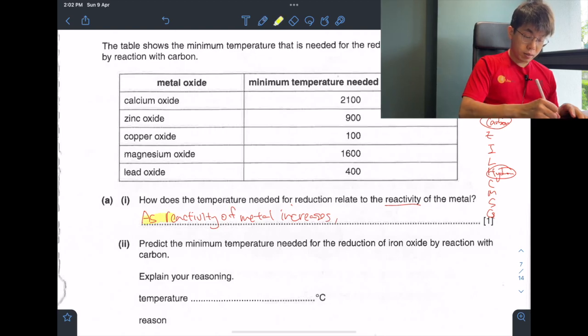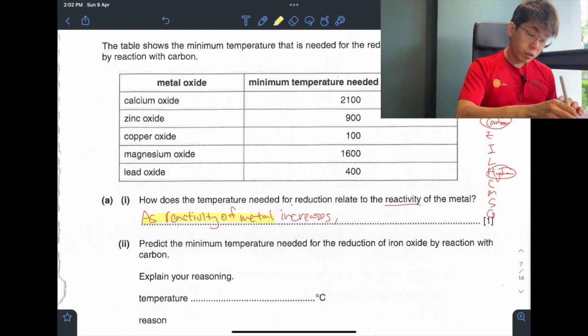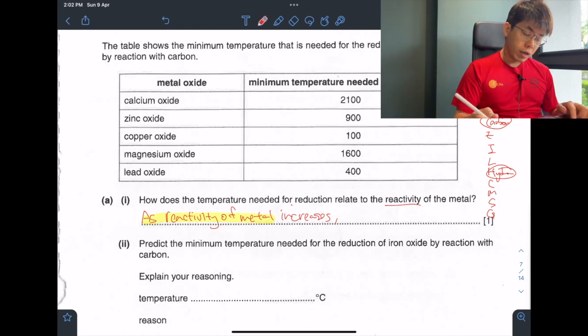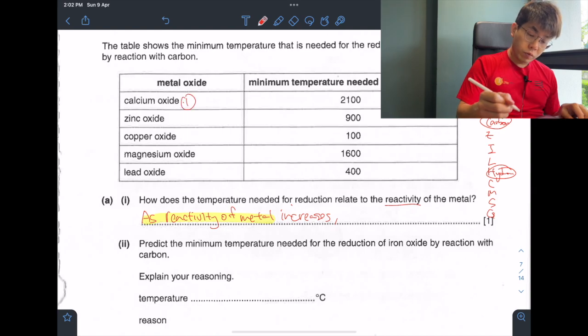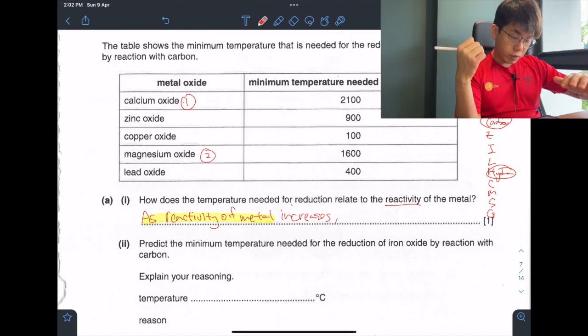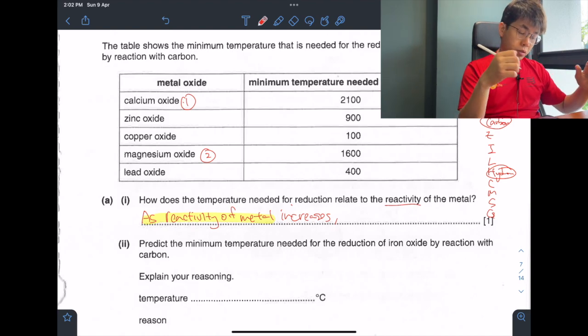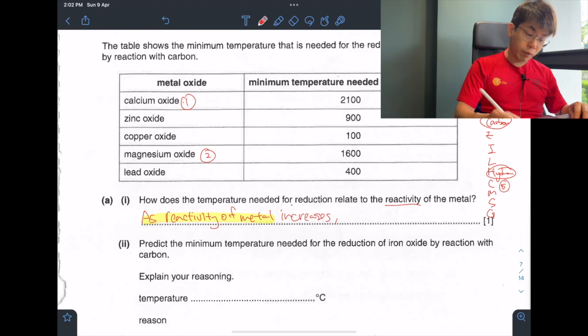So as something increases or something decreases, so let's see, we have calcium, which is here, very reactive, right? And then we have magnesium, also very reactive, but less reactive than calcium. But when we get less reactive, it seems that the temperature decreases. So we check, the copper seems to be the least reactive here, right? So 1, 2, 3, 4, 5. Copper's like number 5.